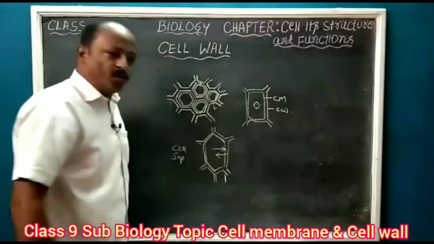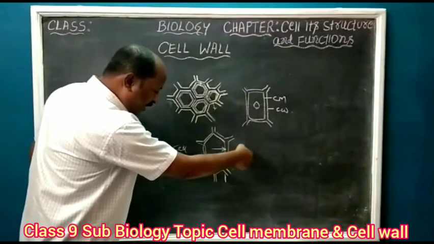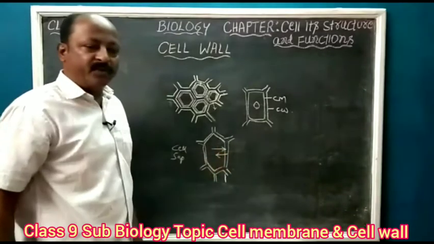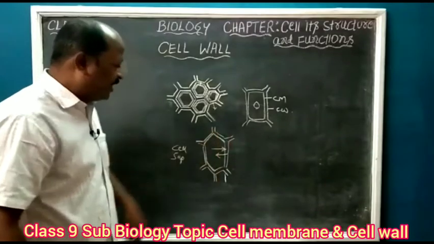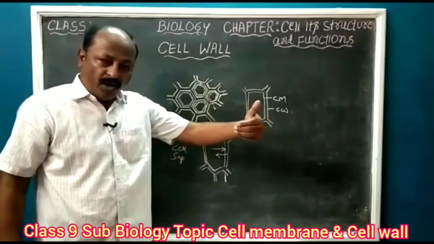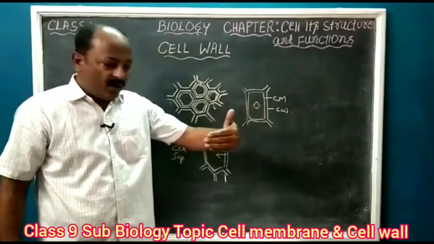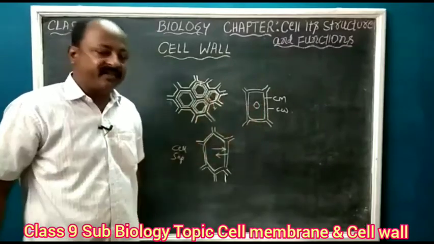So cell wall is exerting the pressure in the opposite direction. So it is resisting the pressure exerted by the cell sap on the walls.